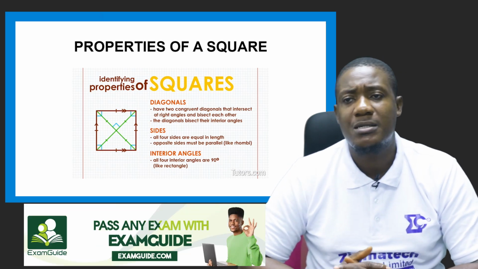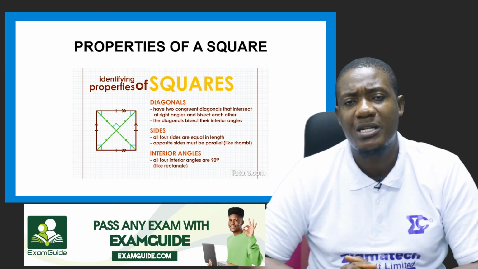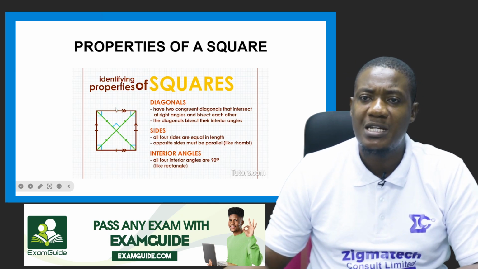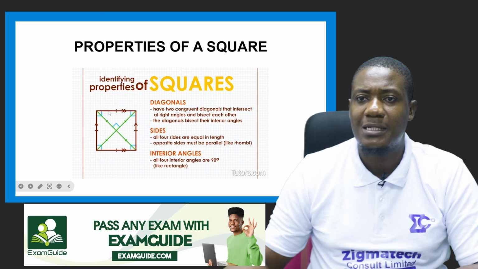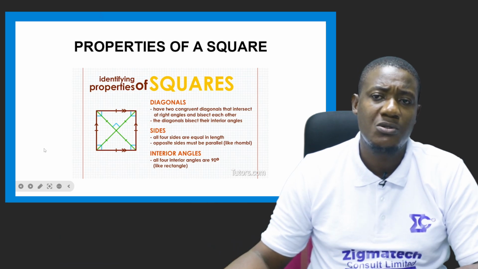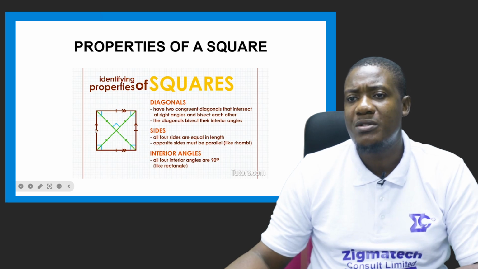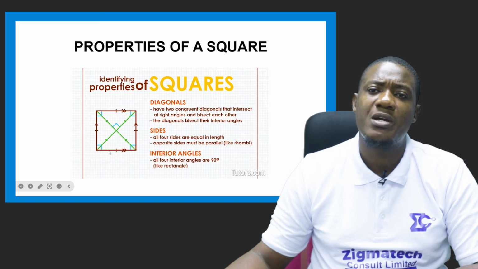And a square has 4 lines of symmetry. You can divide this square like this. These 2 sides are equal to these 2 sides. This side is equal to this side. You can also divide a square like this. What we have here is equal to what we have here.